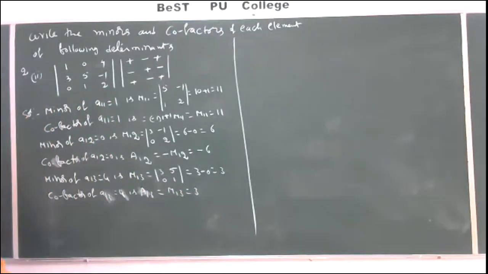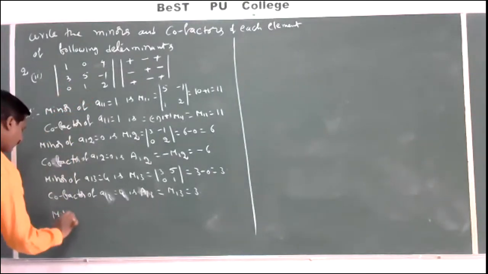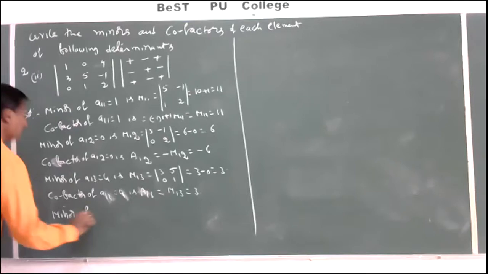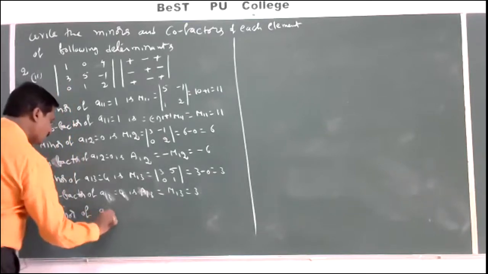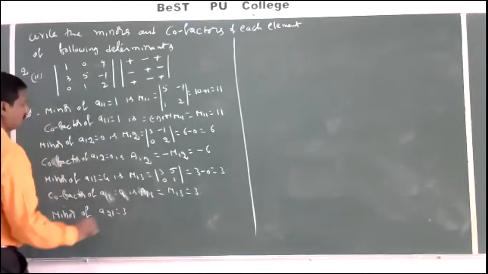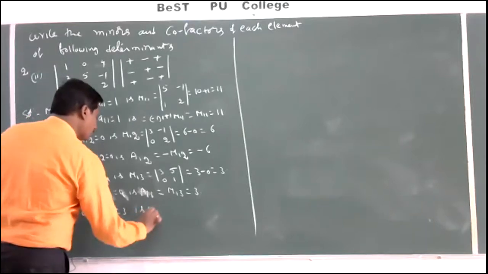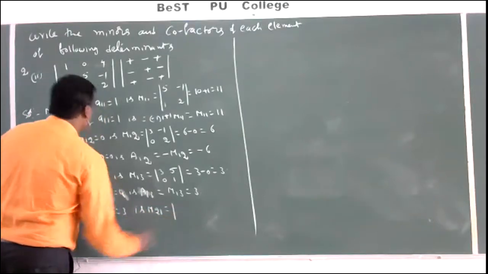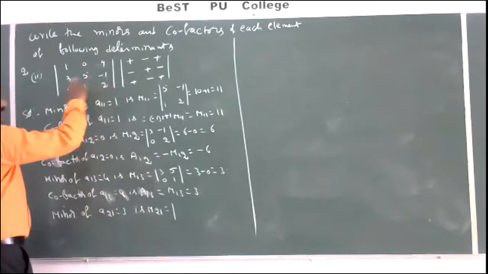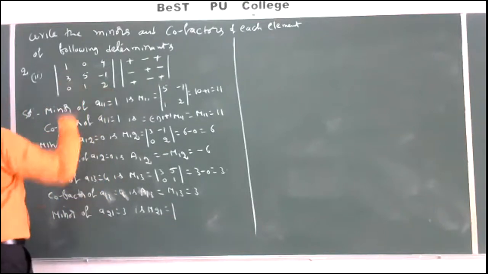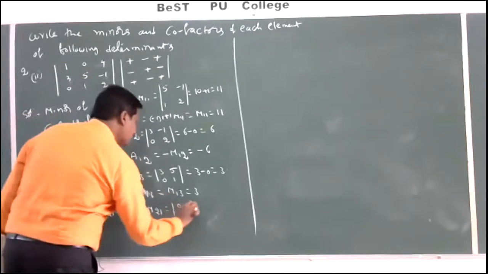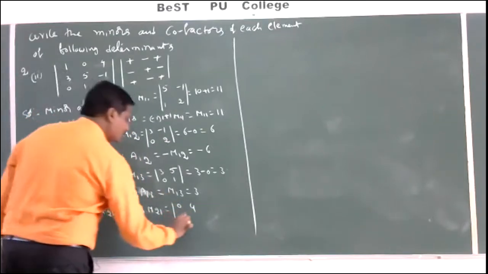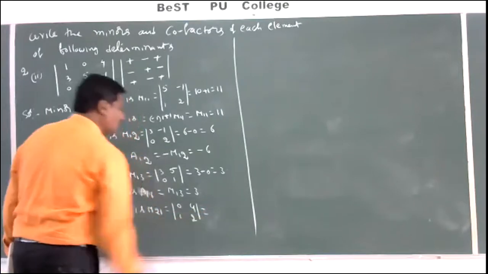Next, minor of a21, that equals 3, is M21. It is present in the second row and first column. Write down the determinant of the remaining elements: 0 4, 1 2.